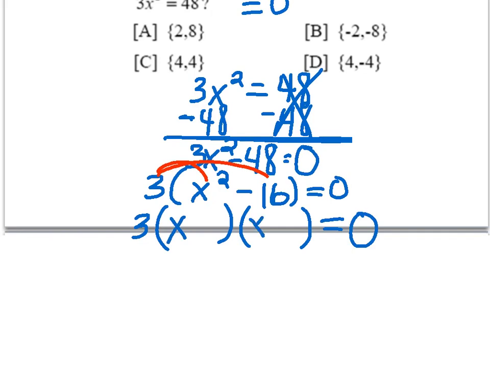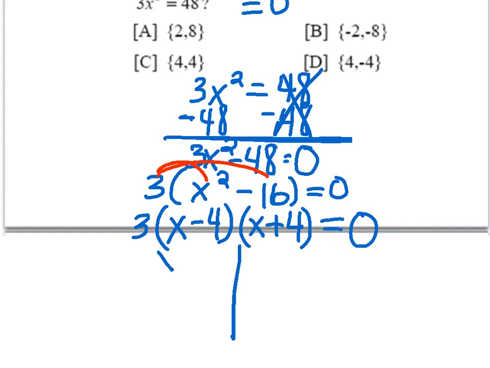X squared is a perfect square, it's x times x, and minus 16 is minus 4 times positive 4. And that would mean that the middle term would cancel out. That was the perfect squares factoring, or reverse FOIL. And so the 3 gets ignored because there is no x term.